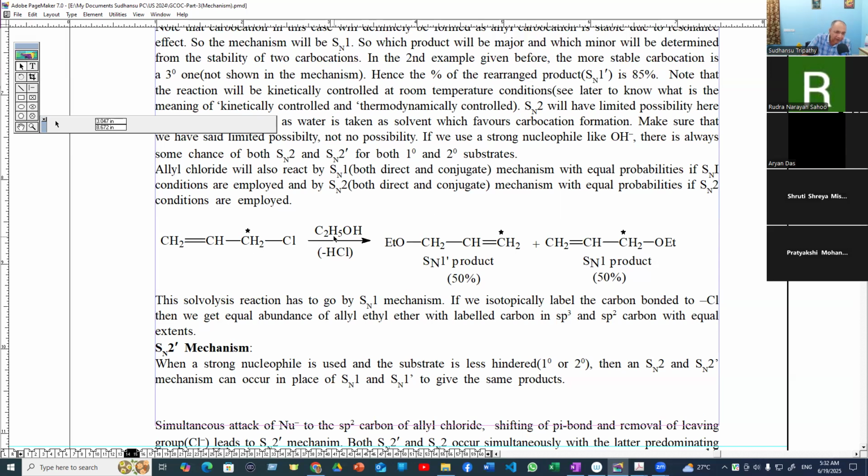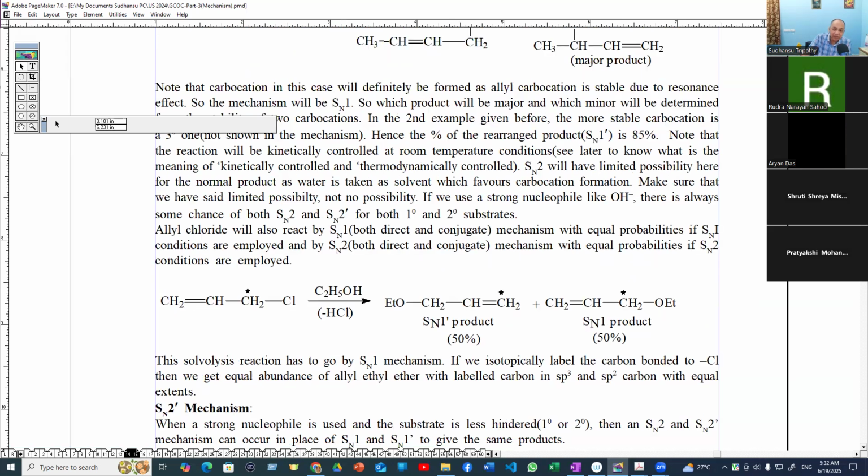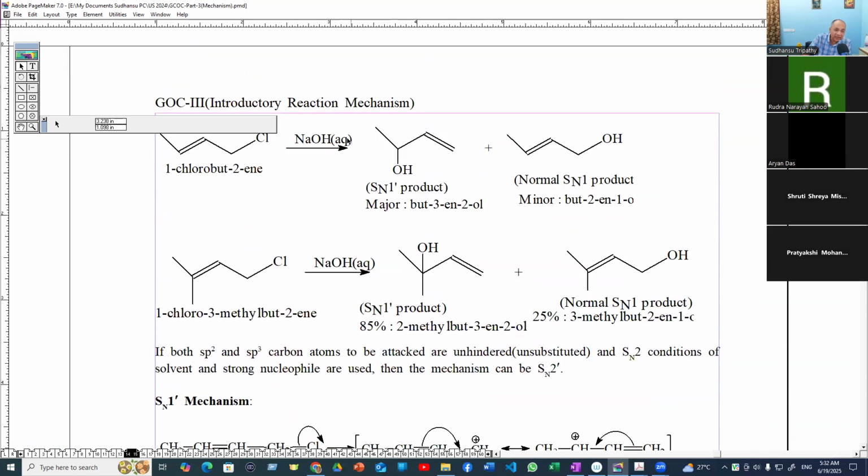Now what will happen is that there is no substitution here, so that is a primary allyl and this is also a primary allyl. In the previous cases, there was one methyl in this case here, and there are two methyl in this case.